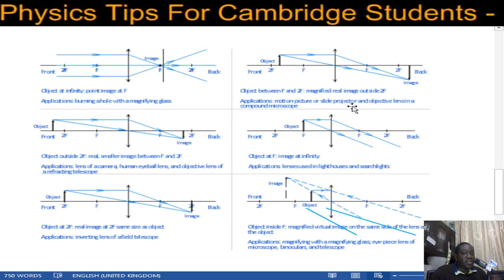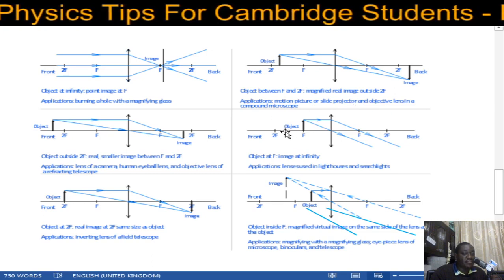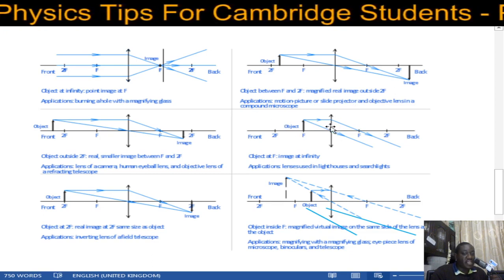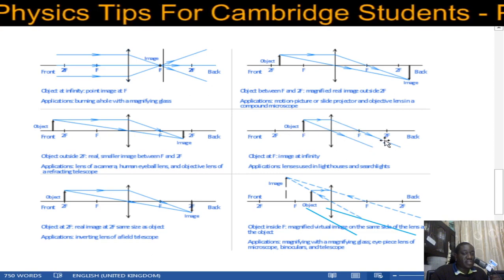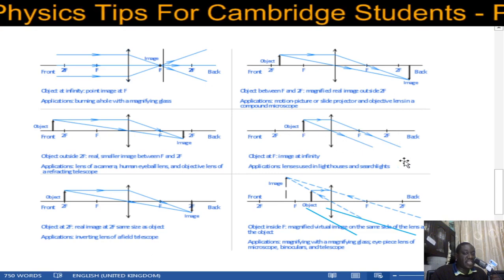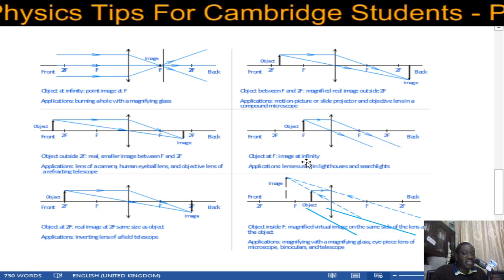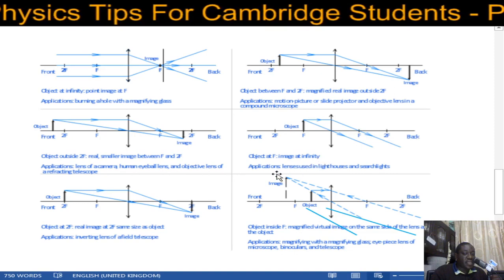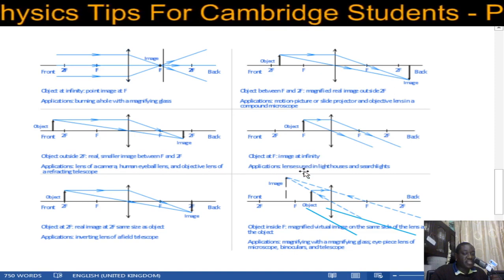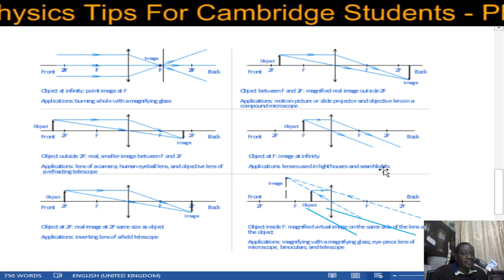And then object at F. Remember I said object at F, there is no convergence that produces the image. Remember, we need to have convergence to produce an image. So if there is no convergence, it means that the image is at infinity. And applications will be lens used in lighthouses and searchlights.